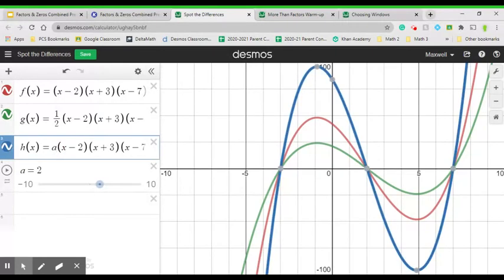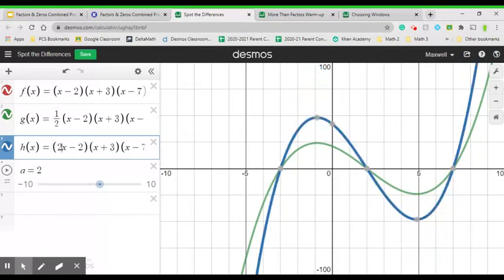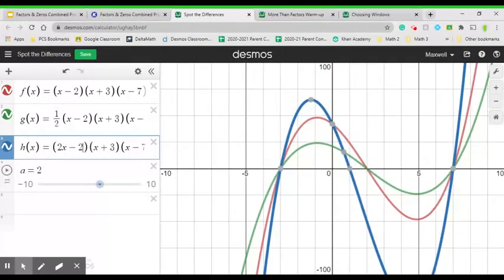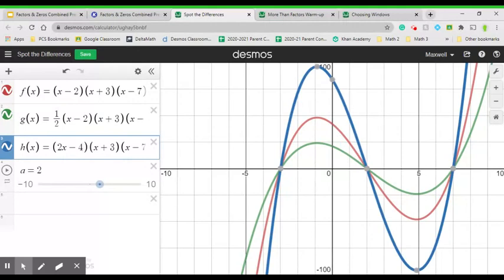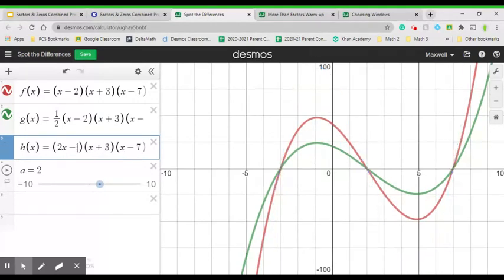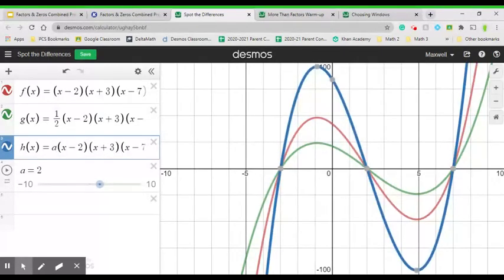If I made this into just a 2 right here, I could get rid of that 2 and multiply it into the first part here, and it's the same thing. And we can change it back to being the a value and see how it ended up with what we just looked at.